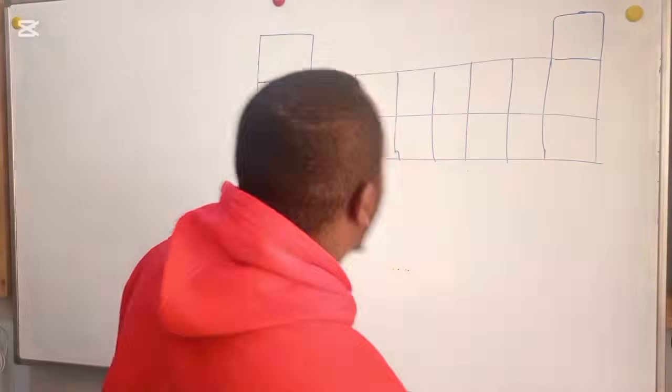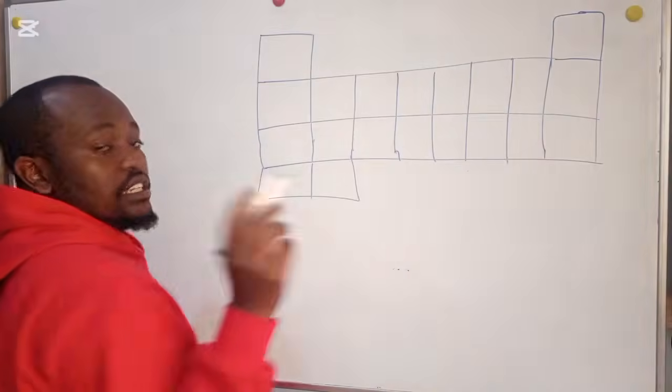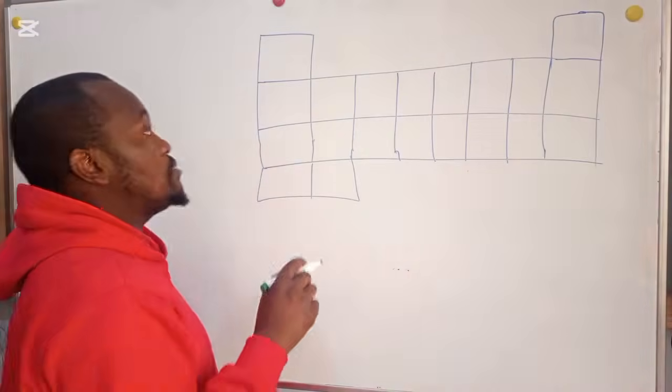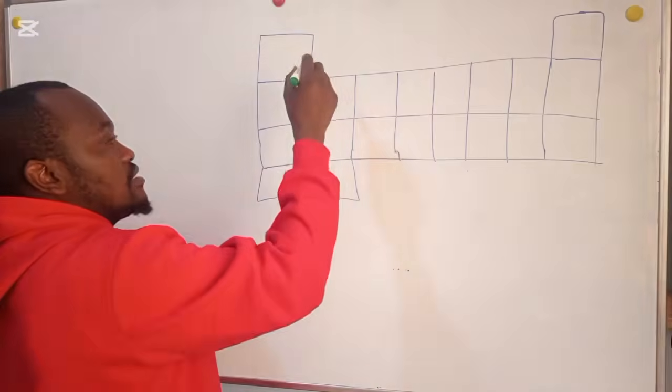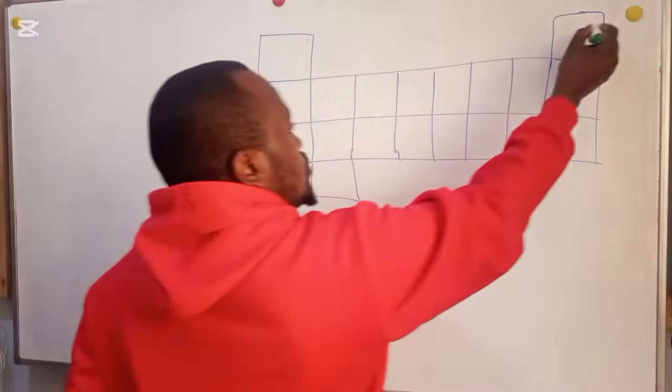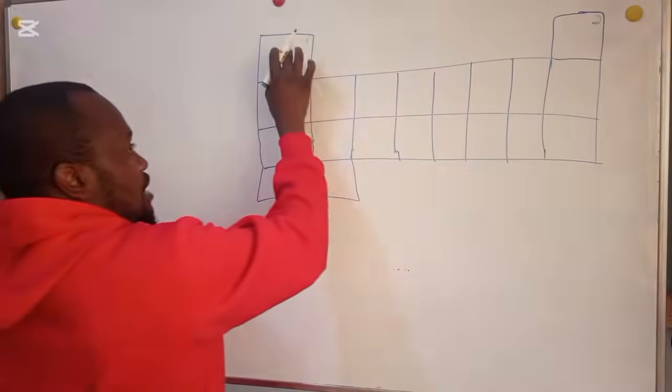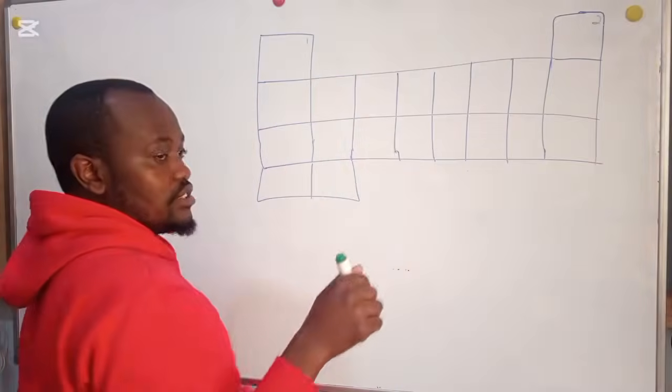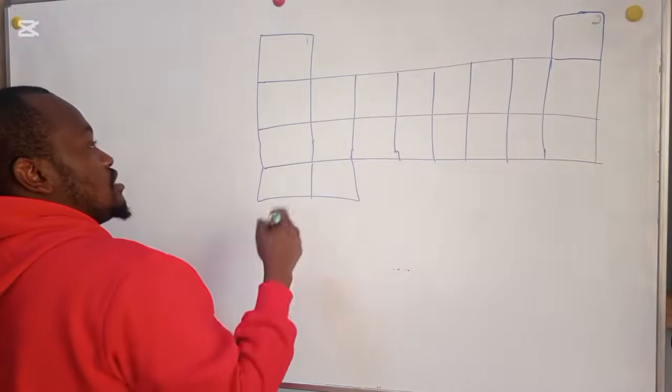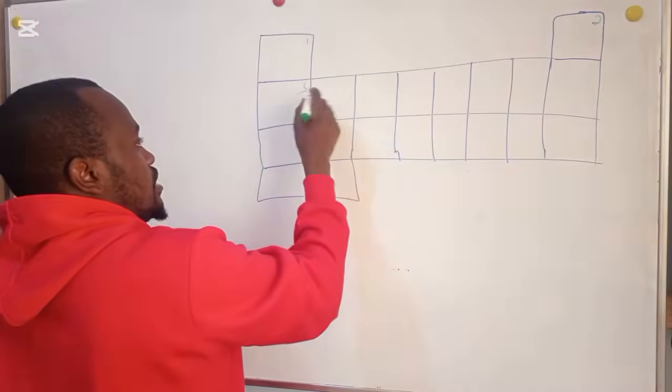I'm going to indicate with a green marker pen the atomic number. 1, 2. So this element that appears here has 1 electron and has also 1 proton in its nucleus. 3. Then this one has 3.